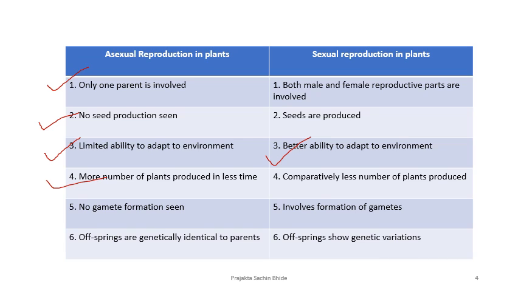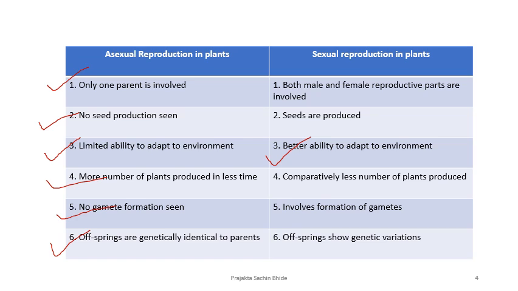In asexual reproduction, since there is no seed, no gametes are formed, whereas sexual reproduction involves formation of male and female gametes. In asexual reproduction, offspring are identical to their parents; they look just the same as their parents.